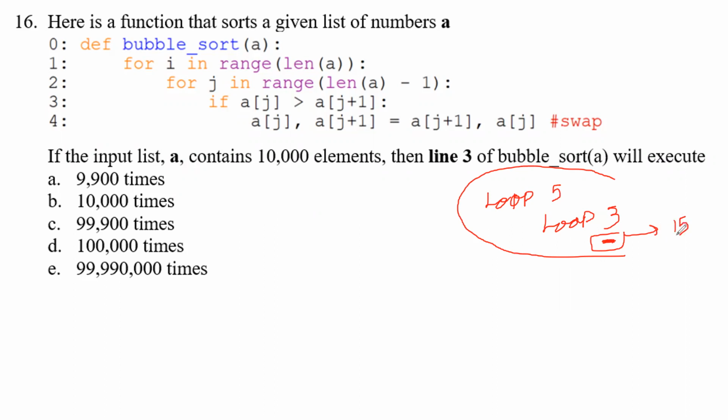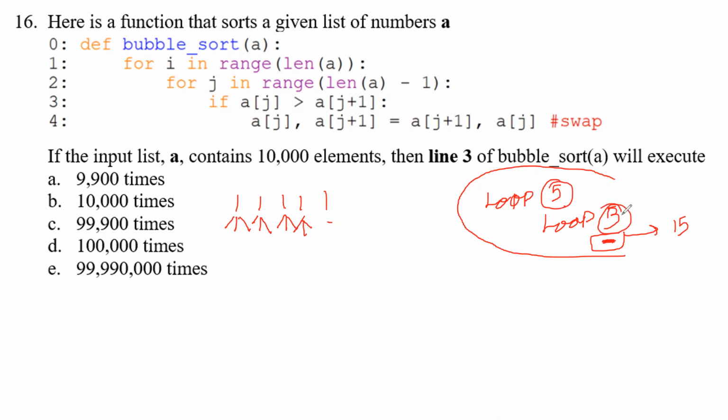Yes, it's going to be printed 15 times because I'm going to loop here 5 times, and each time I'm going to loop 3 times. If you count them, it's going to be this one multiplied by this one, which is 15.